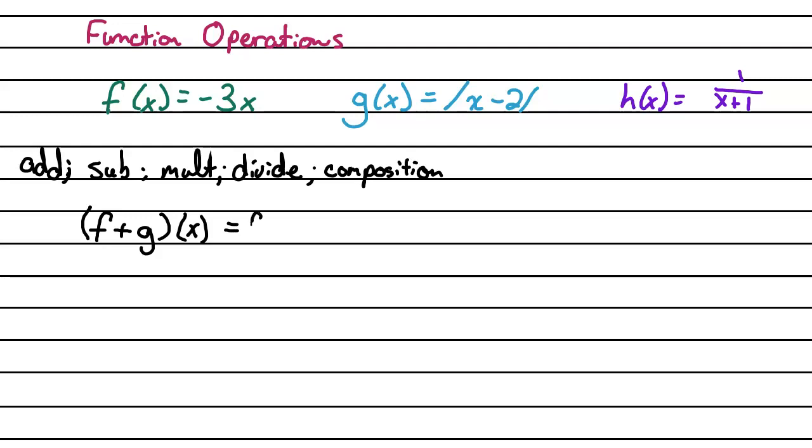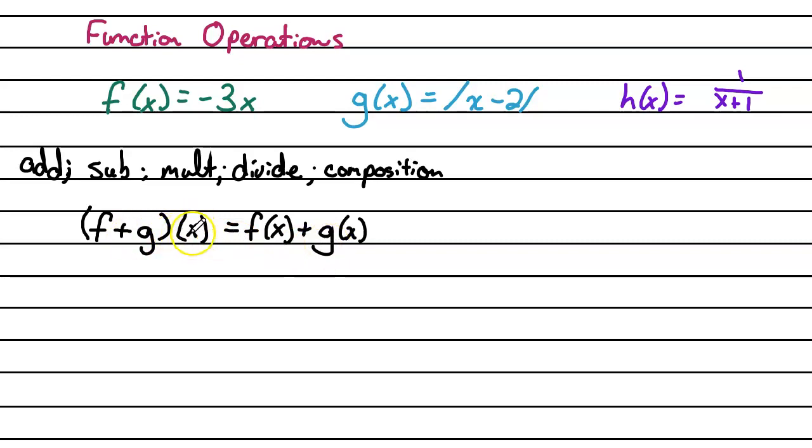That is the exact same thing as saying f of x plus g of x. So I'm saying take f and add it to g, and in this case leave the x there. I'm not replacing the x with anything.